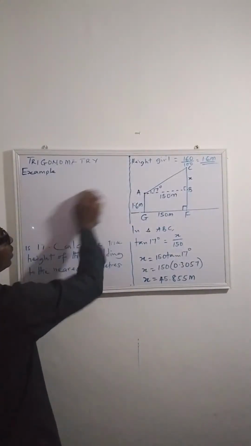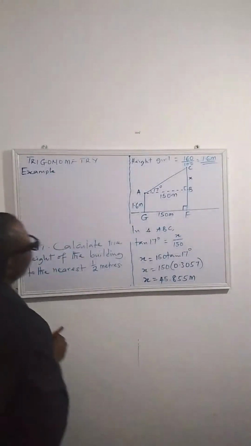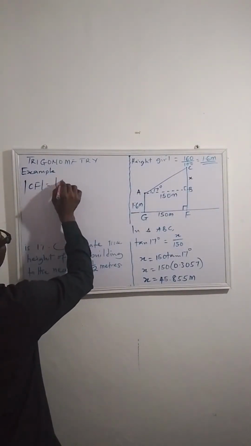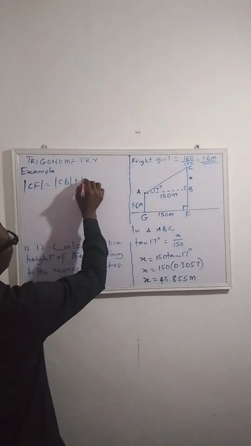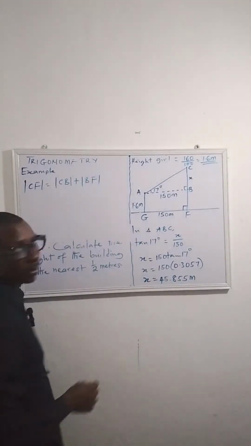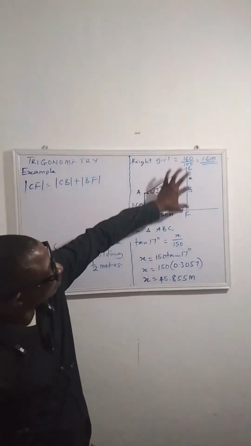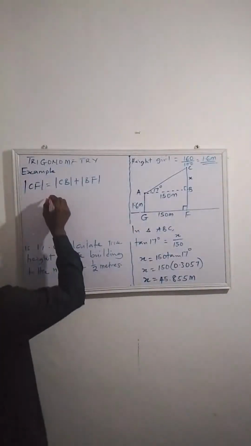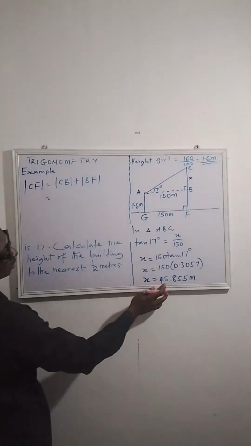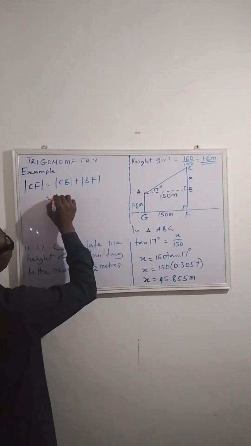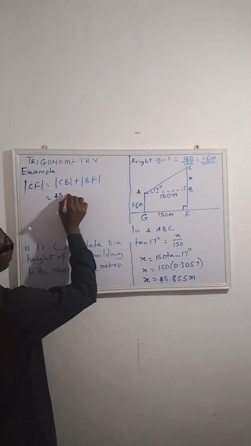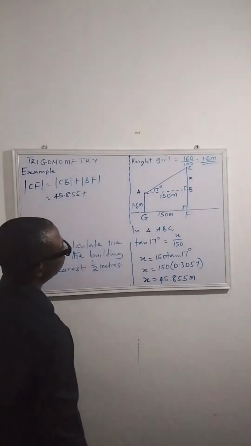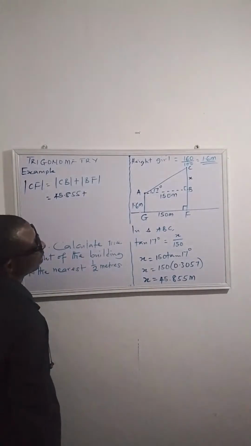So let us now get the height of the building. Height of the building, that's length of CF. So length CF equals length CB plus length BF. So this plus this gives us CF. CB is the X, so that is 45.855 plus BF.